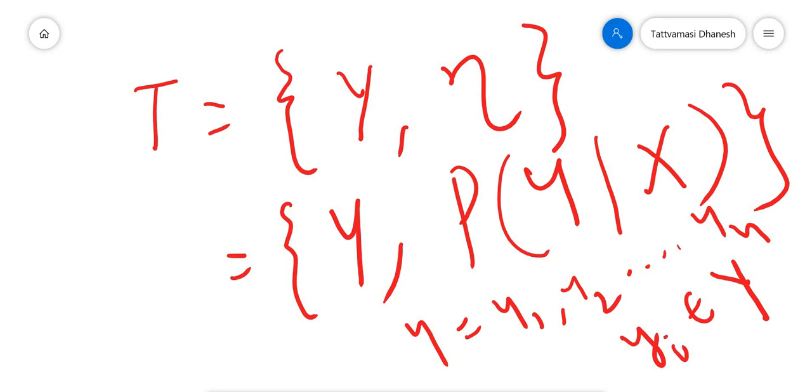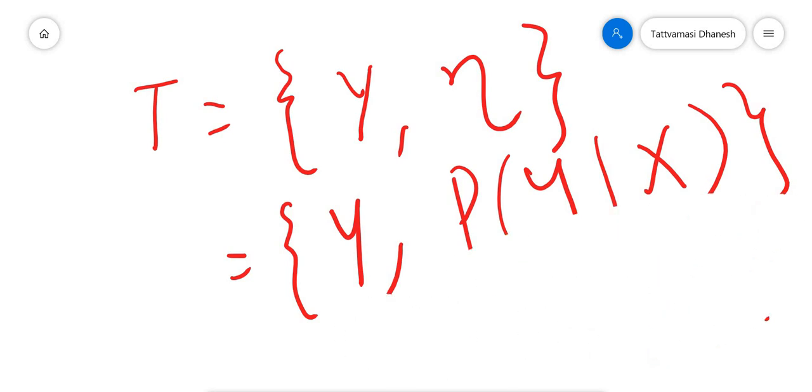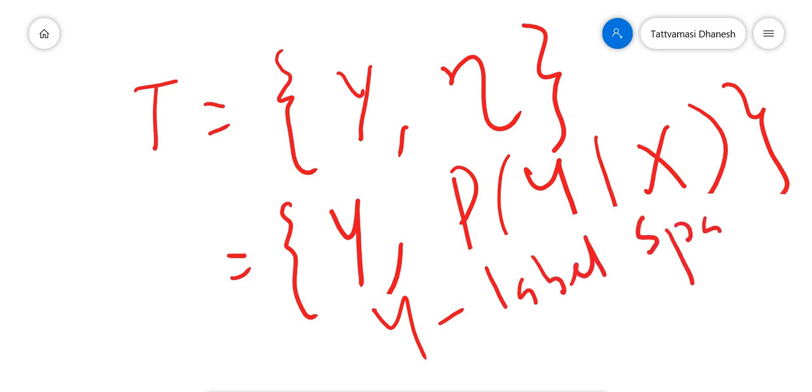Here Y is the label space, and eta is the cost function or objective function.